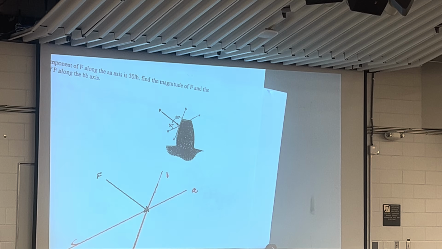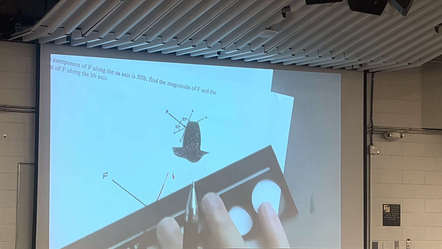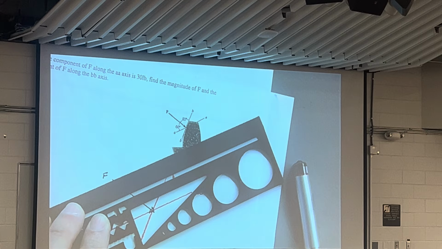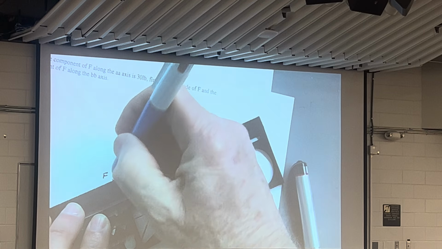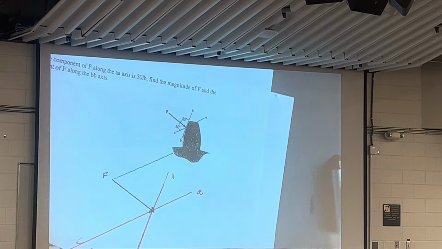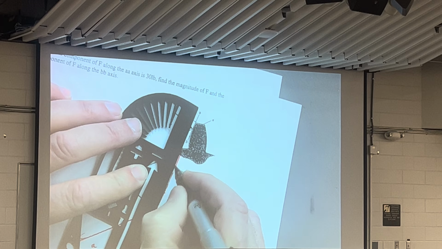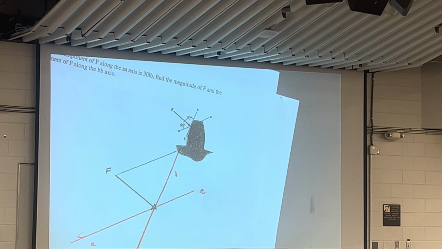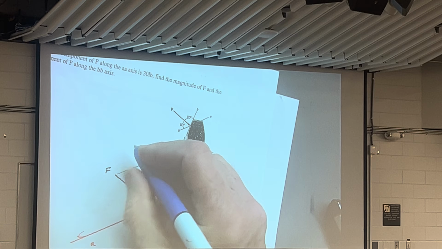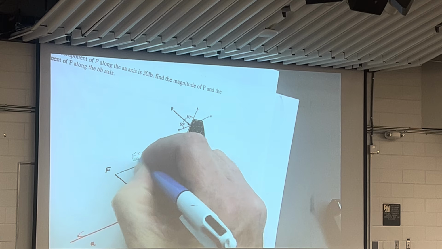I'm then going to draw a line parallel to AA, and I'm going to connect it to BB. So here is this, which is parallel to AA, which means FAA is 30.